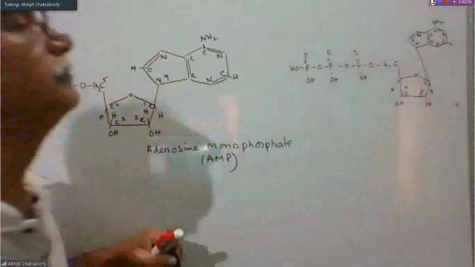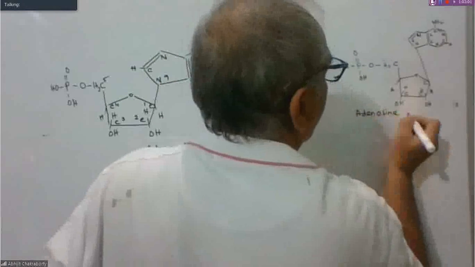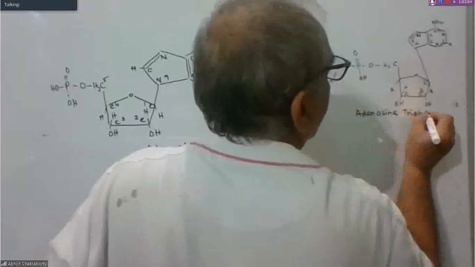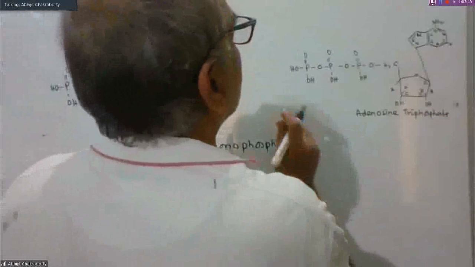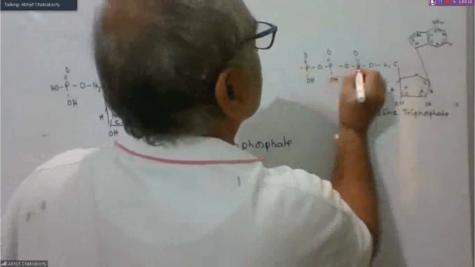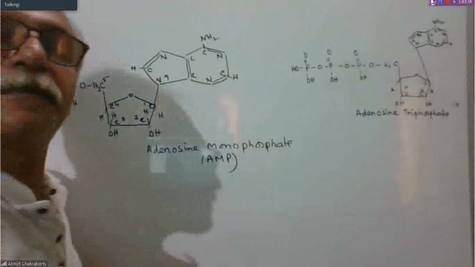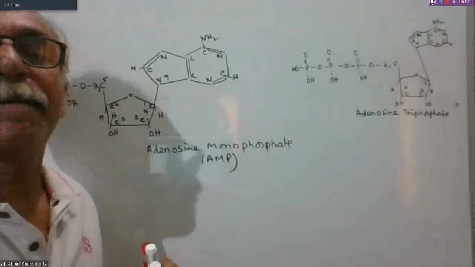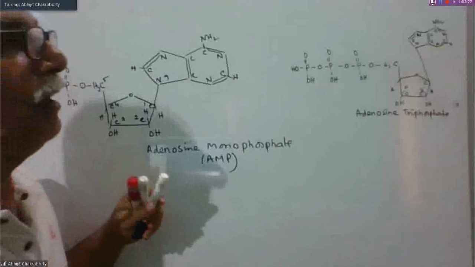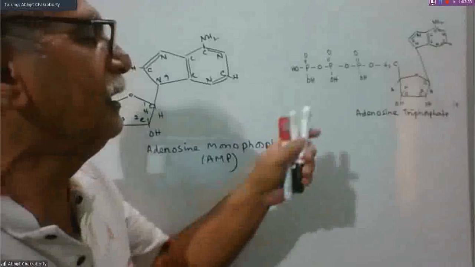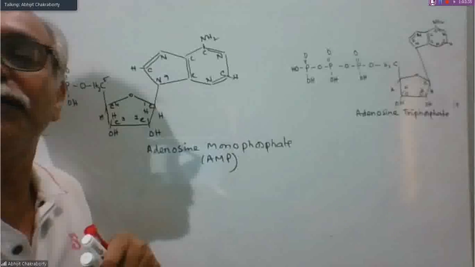Now you can call it triphosphate. Clear. Is it clear how triphosphate is formed? This is monophosphate shown. And while doing triphosphate, you need to remember this. The adenosine triphosphate means here the sugar involved is ribose, not the deoxyribose. You need to remember this thing.